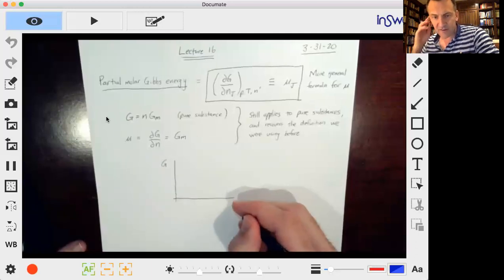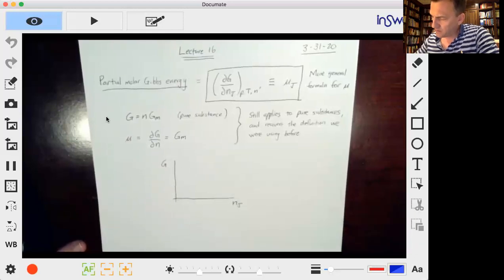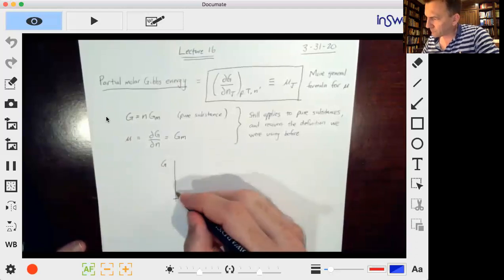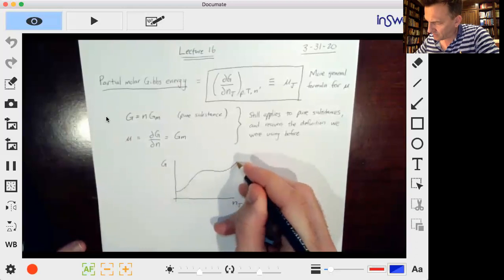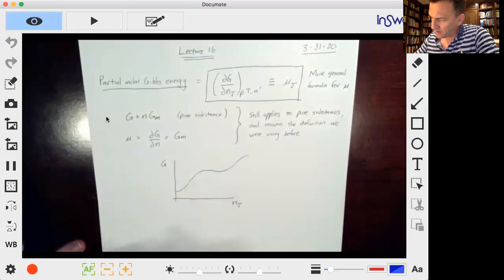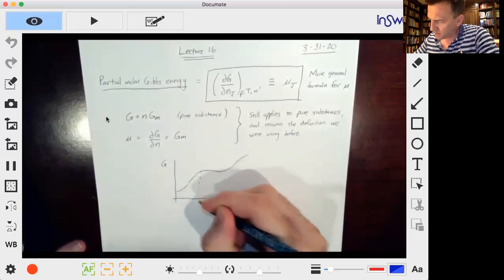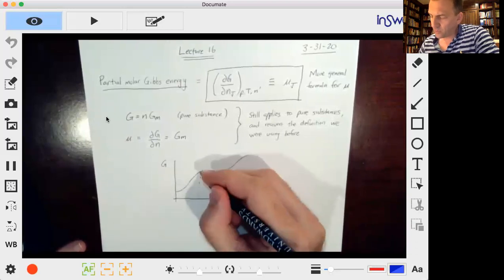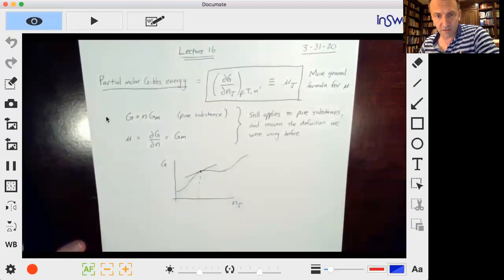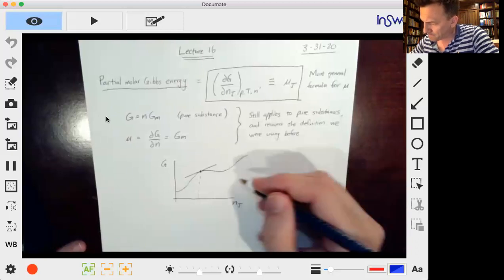If I graph G versus the number of moles of substance J, and I'm just going to make up a curve here, then at some given point, there's some amount N_J, the partial molar Gibbs energy, or the chemical potential, same thing, those are synonymous, is given by the slope at that point. And if I pick another point, I might get a different slope.